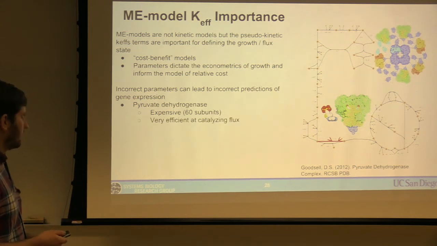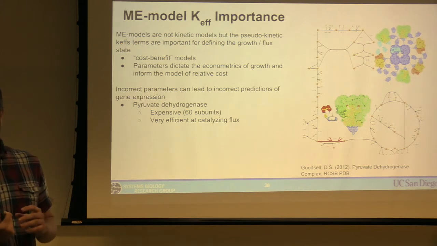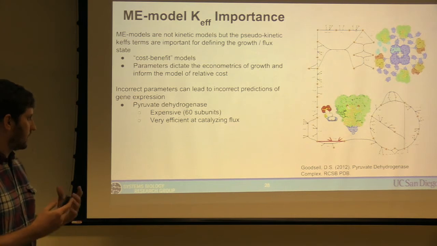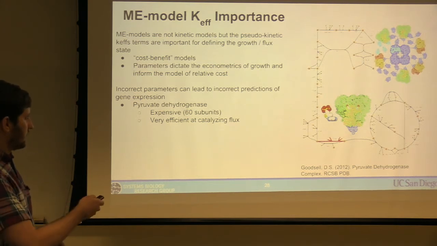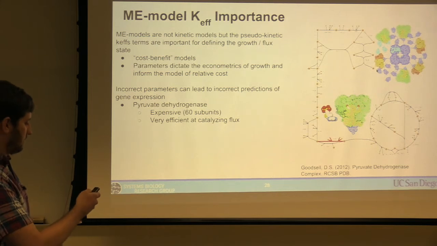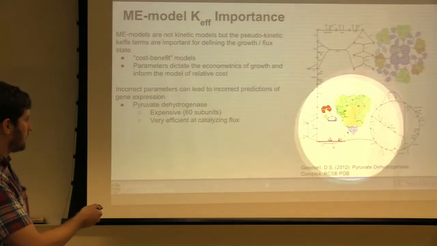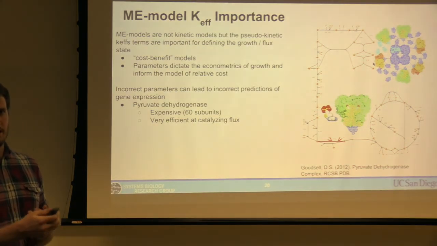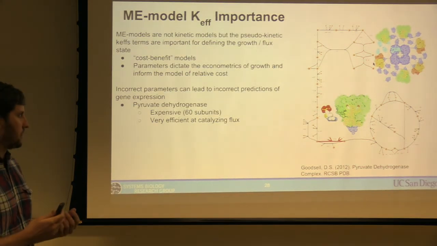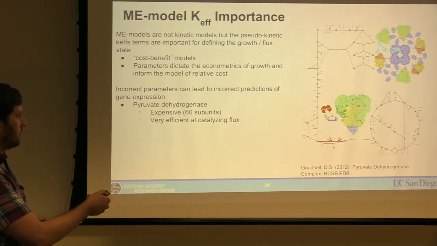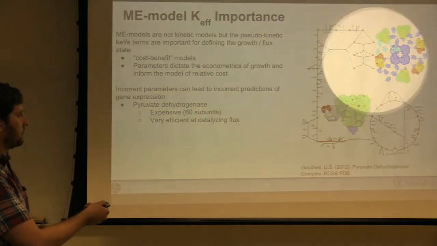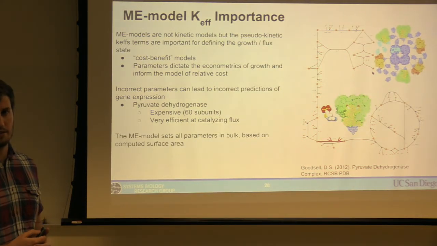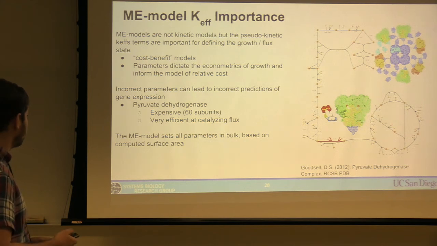But as a consequence, it does things like substrate channeling, and it's very optimized to catalyze flux insanely efficiently. So this PDH K-effective for this enzyme is very important to be set to a properly high value, a high rate, in order to reflect the efficiency of the enzyme. This is just one example of why these K-effectives on a systems level are really important.